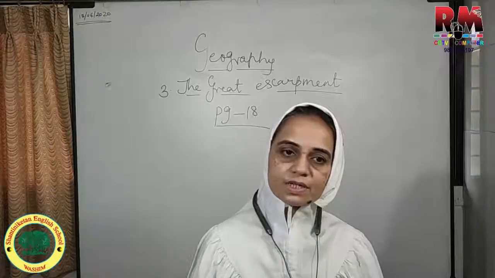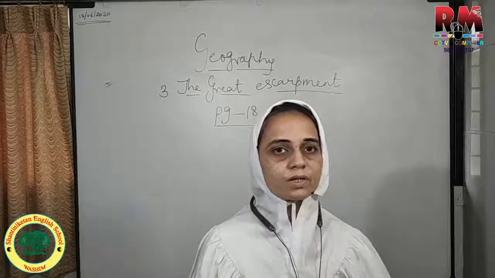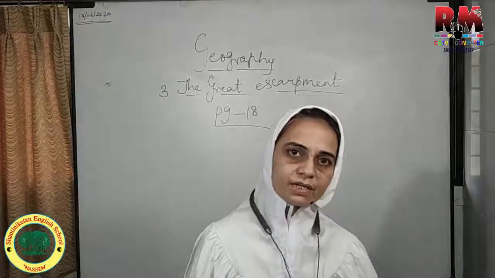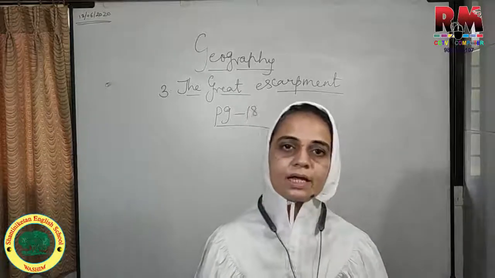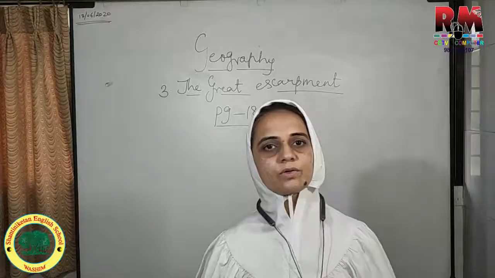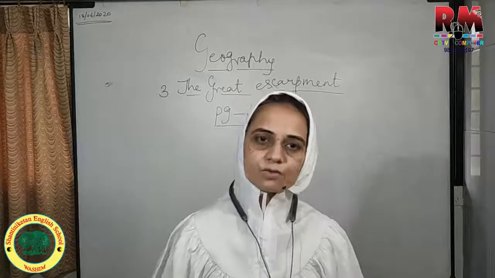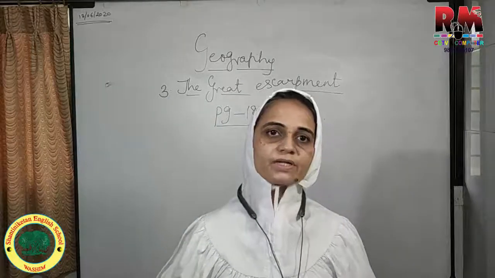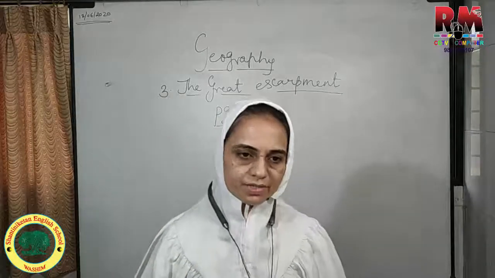What were the two major highlands? The Brazilian Highland and the Guiana Highlands. In between them the plains are formed, and these are called the Amazon plains, and they cover the larger part of Brazil.